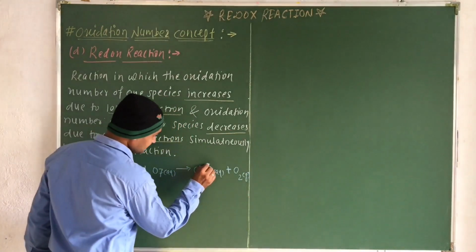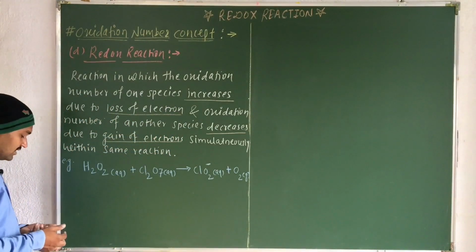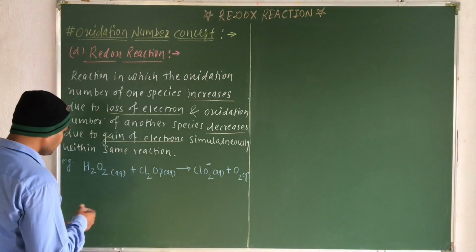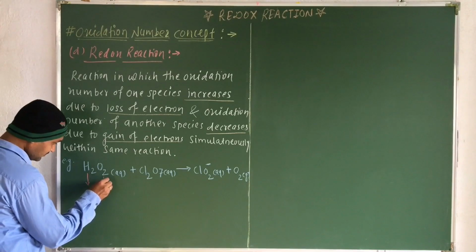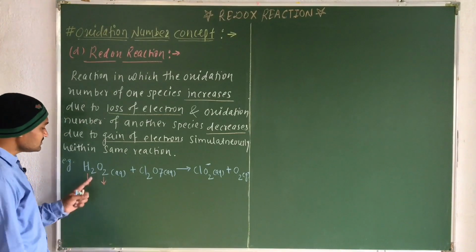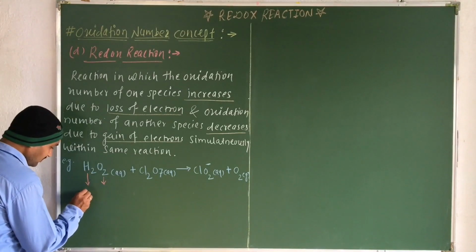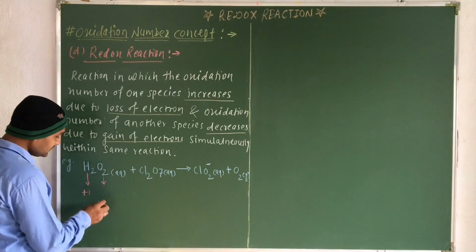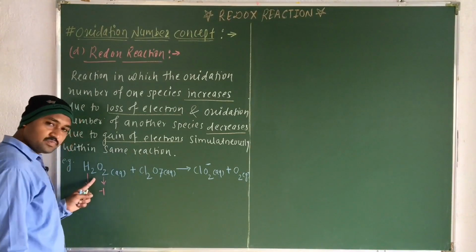So this is the simple reaction that I have written here. Now again assign the oxidation numbers. First of all, the oxidation number of the hydrogen atom and of the oxygen atom. This is nothing but hydrogen peroxide. We know that the oxidation number of hydrogen will be +1. The oxygen atom's oxidation number will be -1, due to the peroxide.